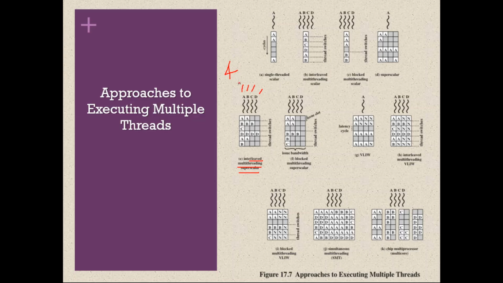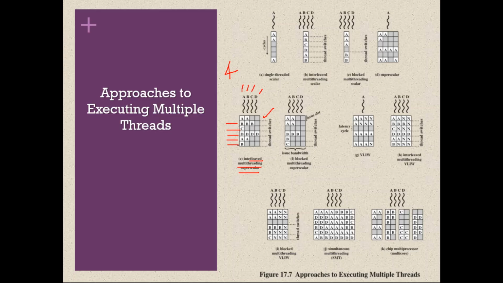Now the processor is divided such that clock cycle 1 is only for thread A, clock cycle 2 is only for thread B, clock cycle 3 is only for thread C, clock cycle 4 is only for thread D, again clock cycle 5 is for A, 6 is for B, and so on.